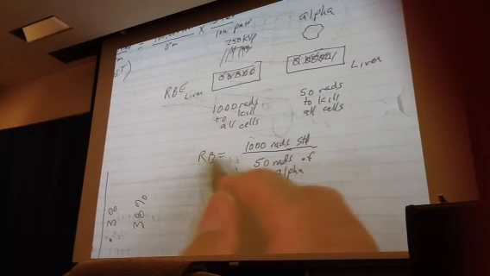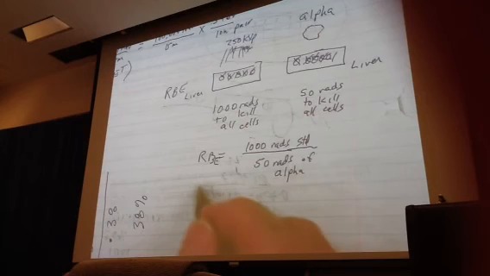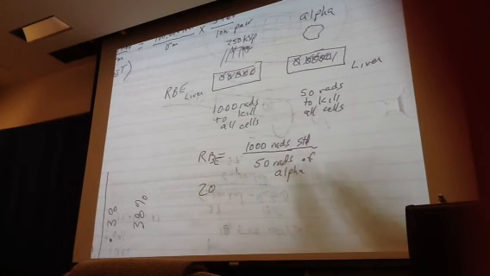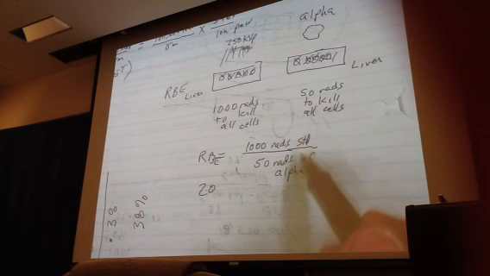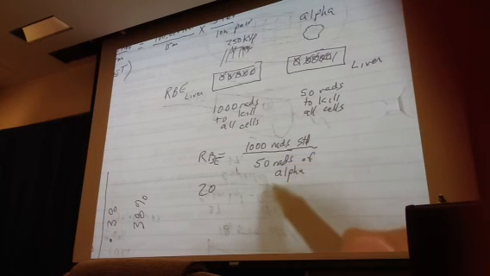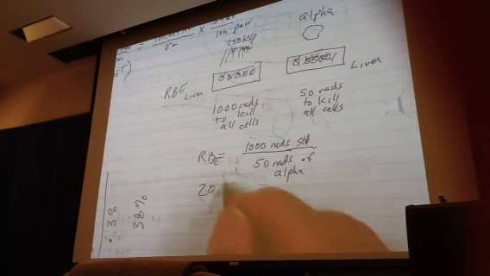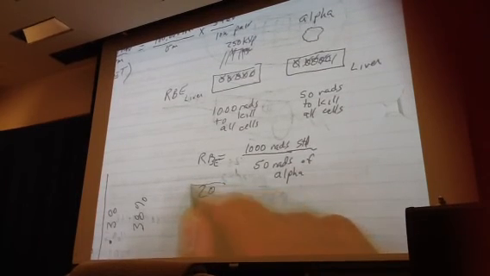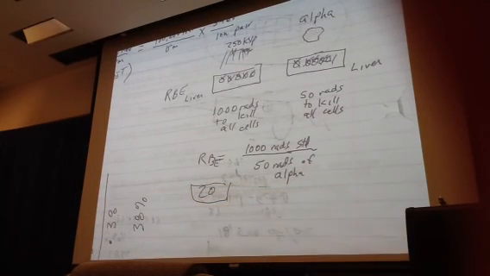So the RBE for this is going to be 20. In other words, alpha particles are 20 times more damaging when compared to X-rays. Does that make sense?